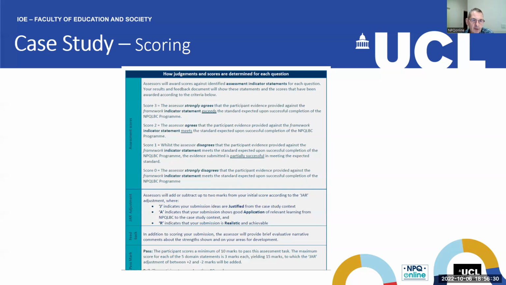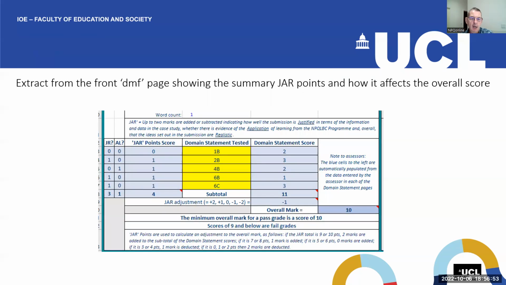there is a score awarded by the assessor, which is either 3, 2, 1, or 0, as defined here. And you can see that with a score of 3, the assessor strongly agrees, whereas a score of 0 means that the assessor strongly disagrees. So if we look at what that actually looks like on the document that you will receive ultimately, this is a section from the front page of the DMF, that's the Decision, Marks and Feedback form.